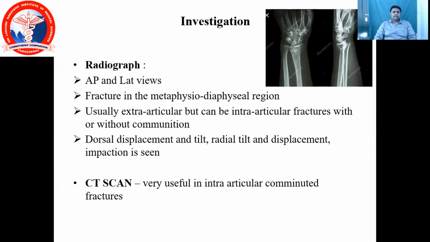Usually this is an extra-articular fracture, but intra-articular extension or sometimes comminution can be there due to osteoporosis. Then there will be dorsal displacement, dorsal tilt, radial tilt and displacement, impaction, and sometimes supination also. Apart from this, if there is an intra-articular extension, then a CT scan will be helpful to plan for the treatment.